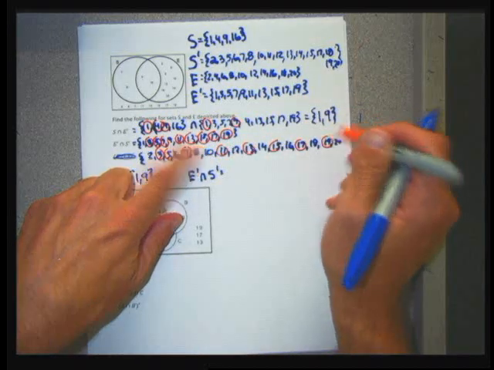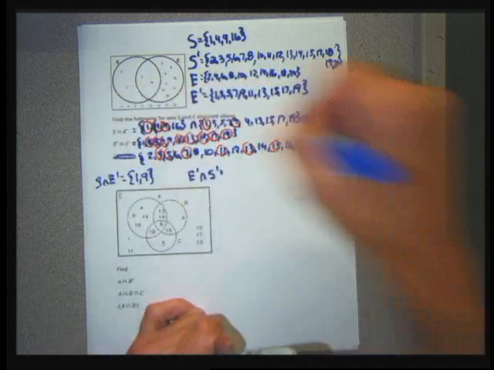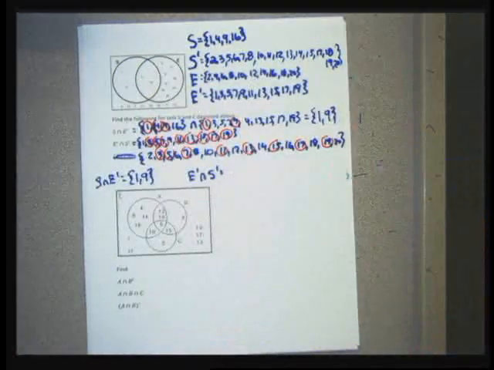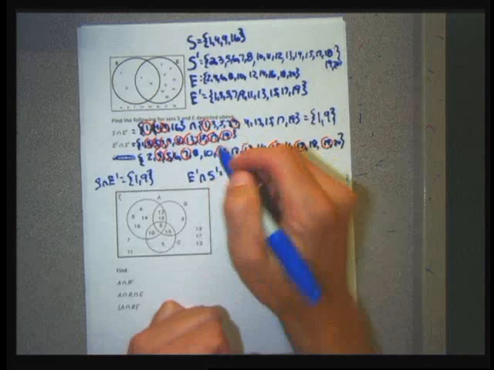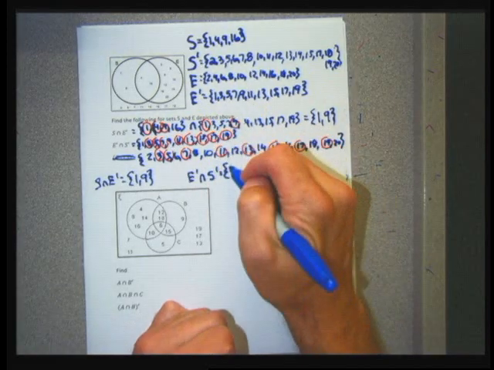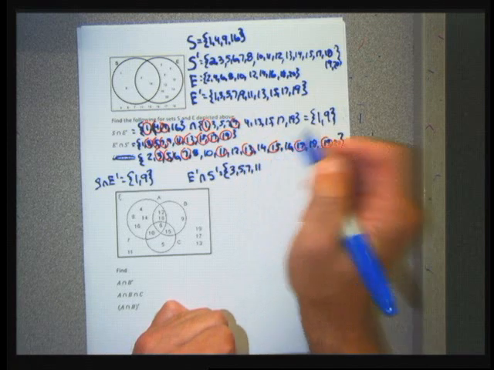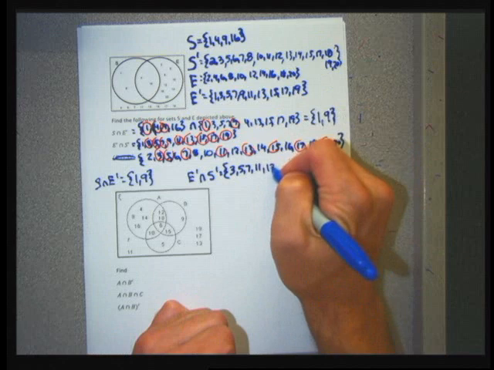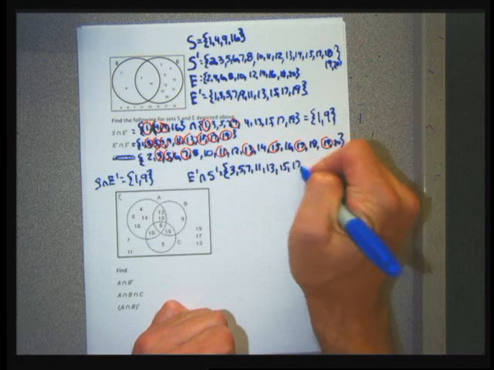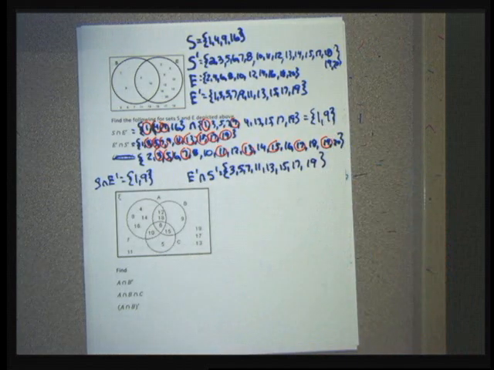So it's a big set. When I write the E prime set down and I write the S prime set down, it's anything that's simultaneously in both sets. So E prime intersection S prime would be 3, 5, 7, 11, 13, 15, 17, and 19.